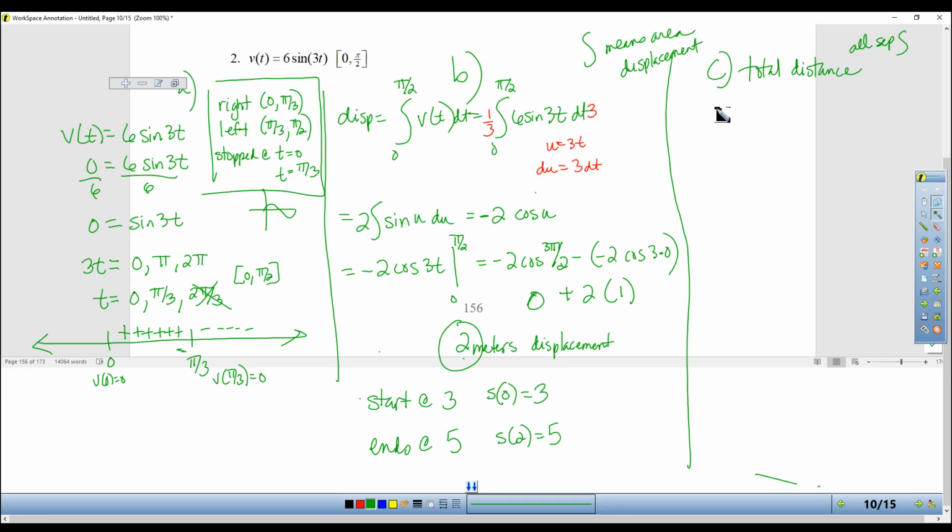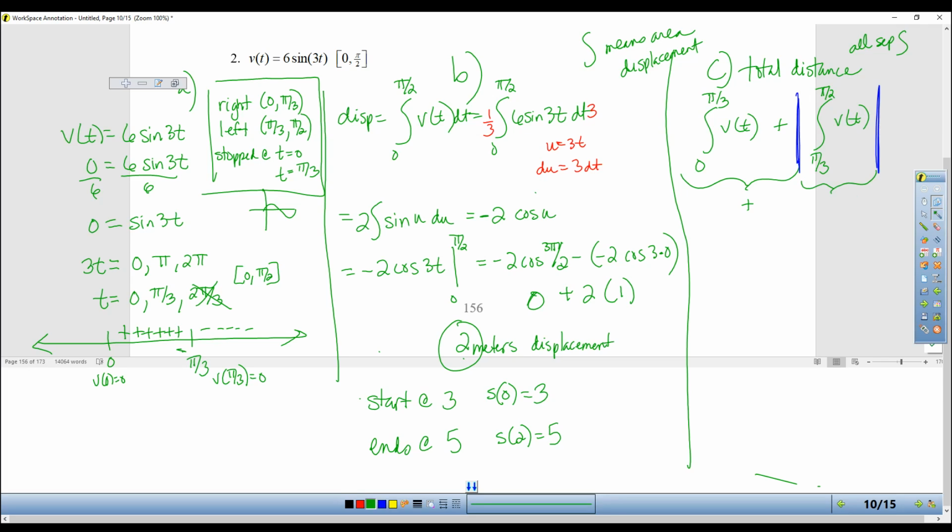So the total distance is going to be whatever you get from 0 to pi thirds. That should already come out to be positive because it was moving to the right. But then from pi thirds to pi halves, it's moving to the left. And if it's moving to the left, it's going to be negative. So this is going to come out to be negative. So I have to take the absolute value to make it positive.